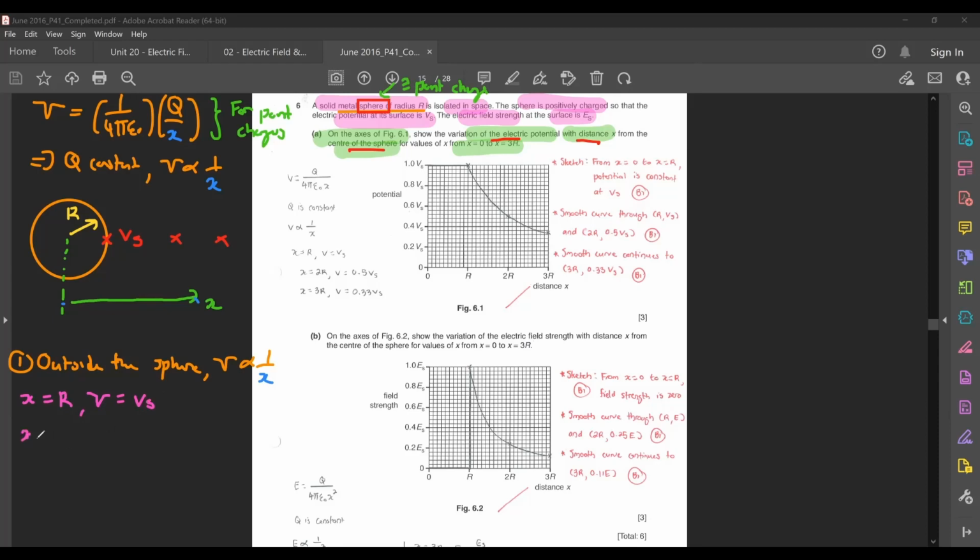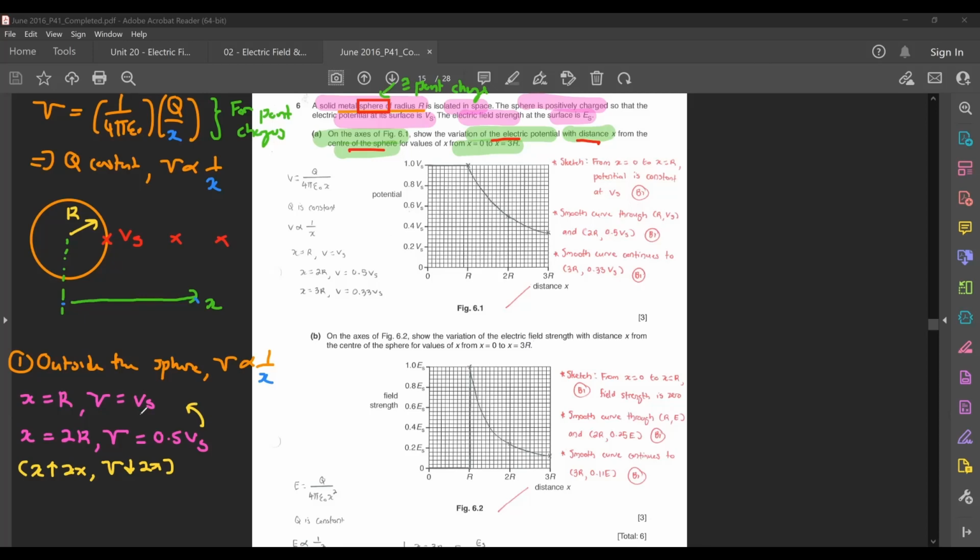What about the case where your x is equal to 2R? Your potential would be 0.5 Vs, because here your x has increased by 2 times, so your potential must decrease by 2 times. You divide by 2. This is compared with respect to the first case.